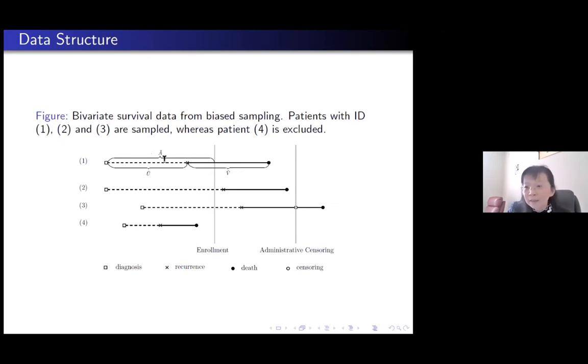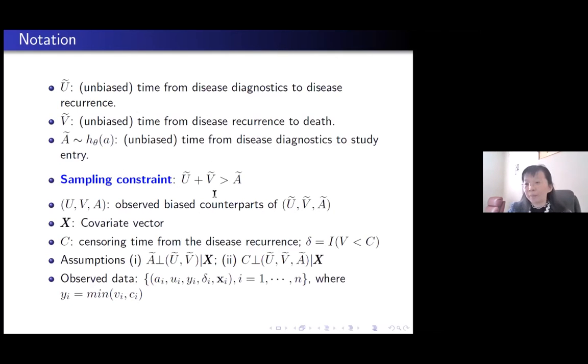And A denotes the time from breast cancer onset to study sampling time.